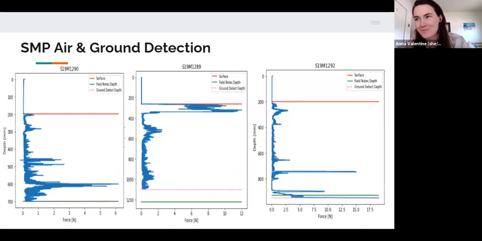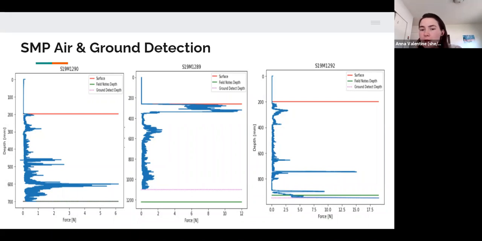Oh, actually, a quick note on the snow micropen air and ground detection. So the uploaded SMP data is raw penetration force profiles. The snow micropen library gives some surface and ground detection functions to help take out the air and to distinguish the ground.